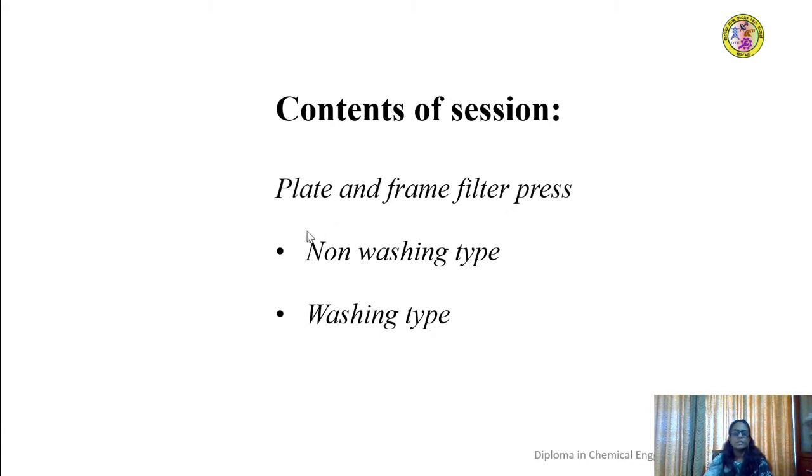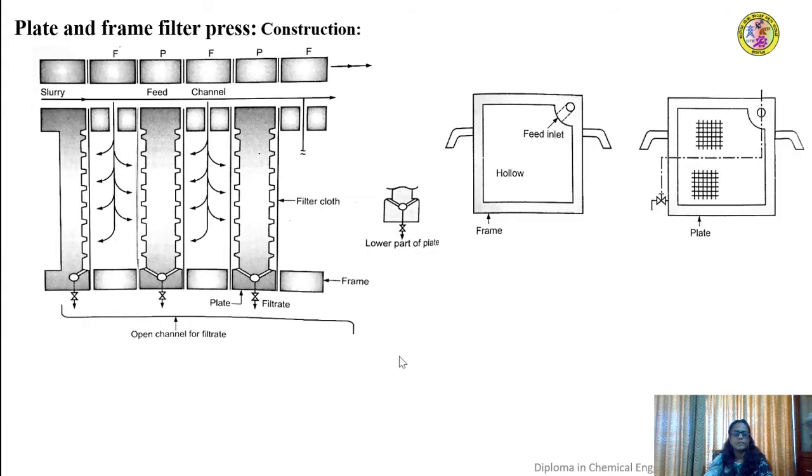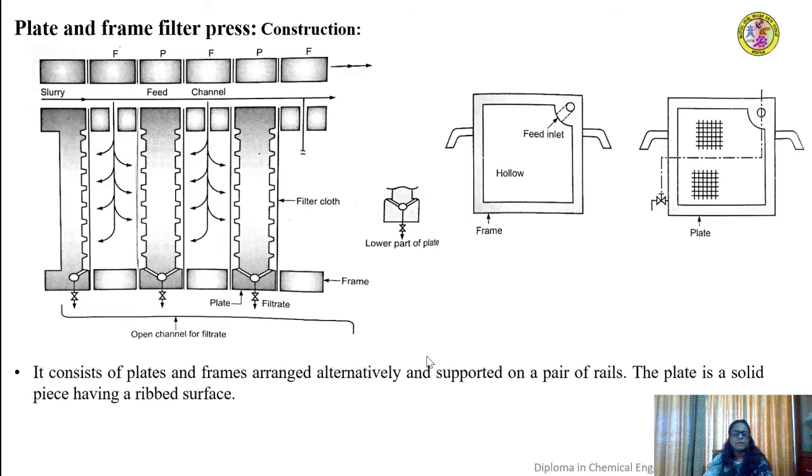So in today's session, we're going to learn about the plate and frame filter press in two different designs. One is a non-washing type of plate and frame filter press. The other one is washing type of plate and frame filter press. So plate and frame filter press consists of plates and frames that can be alternatively arranged and being supported on a pair of rails.